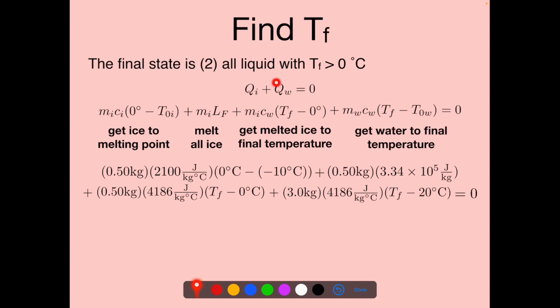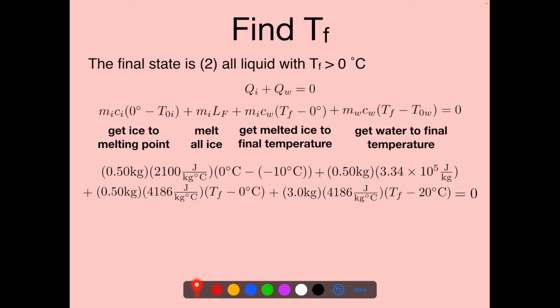And then in this term, we have 0.5 kilograms times, now we have liquid water, which has a specific heat of 4,186 joules per kilogram per degree Celsius. And then we don't know what T final is, so we're leaving that as a variable. T final minus 0 degrees Celsius.